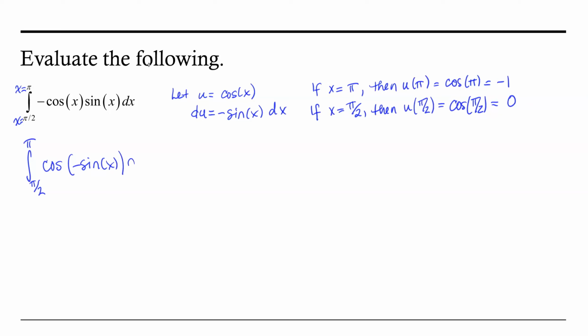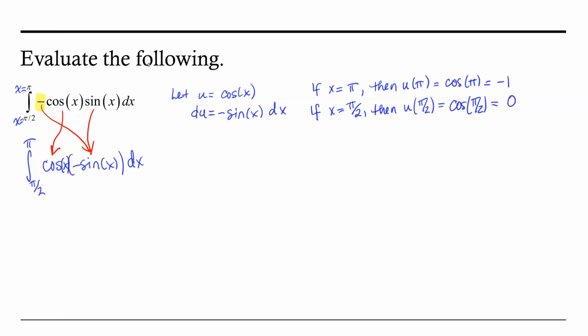So that negative sign that we saw in front of the cosine, I'm going to rewrite this integral so that the cosine of x is my first factor, and then that negative 1 is going to accompany my sine function.